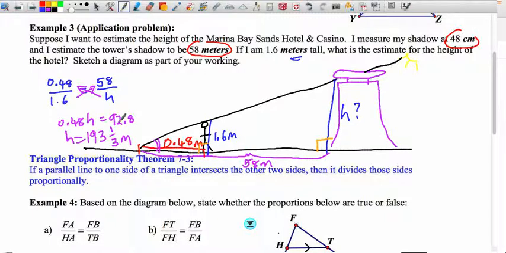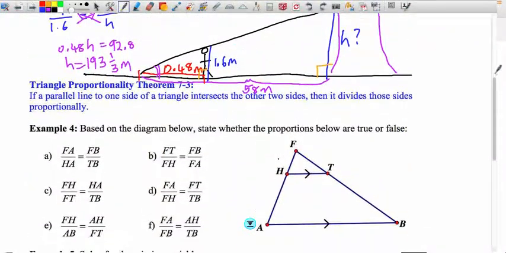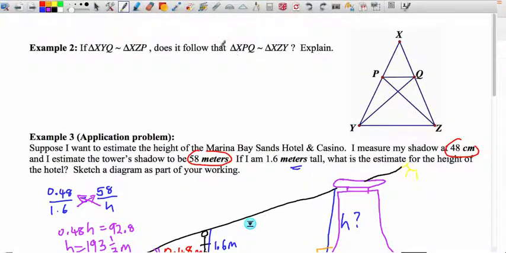Okay, and so that just shows you the application problem that uses, in this case, AA similarity of triangles. Okay, just a couple of minutes left, and so maybe just start off this example.